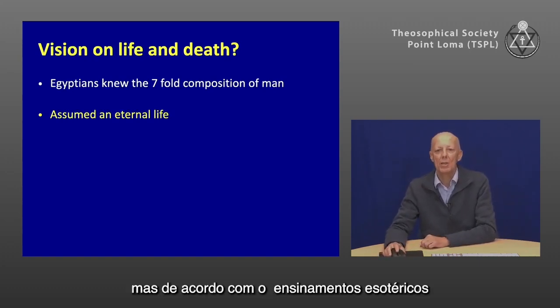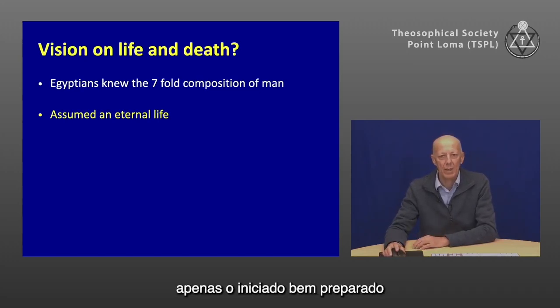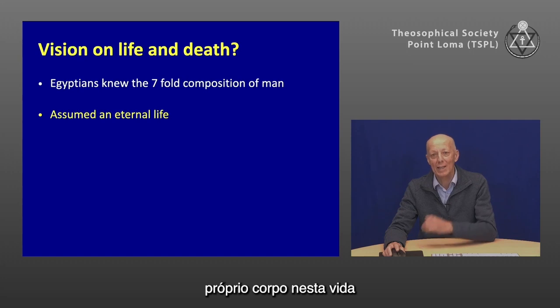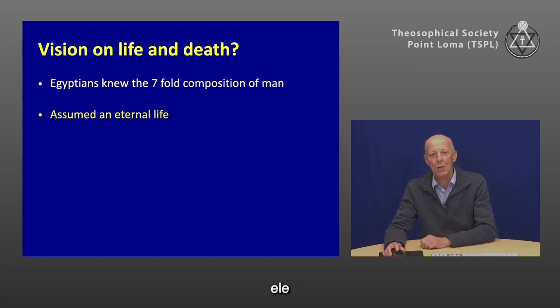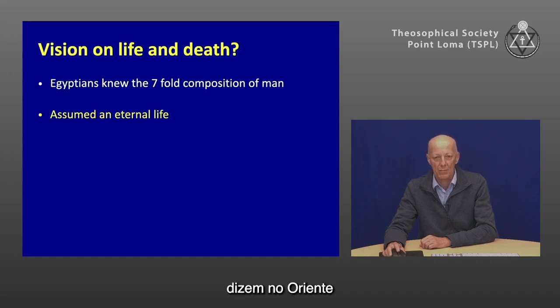But according to the esoteric teachings, this is not the case. Only the well-prepared initiate is able to experience the processes of death consciously. Moreover, the initiate returns to his own body in this life. He becomes a twice born in his own body, a Dvija, as they say in the East.